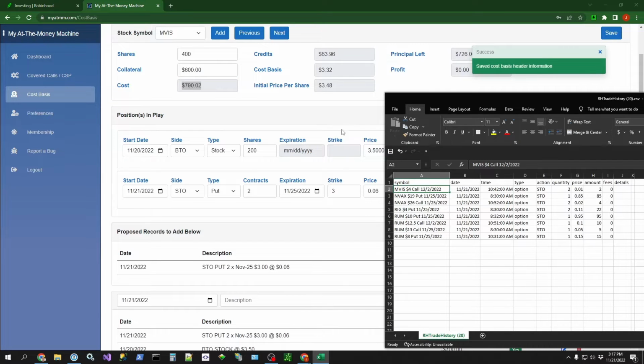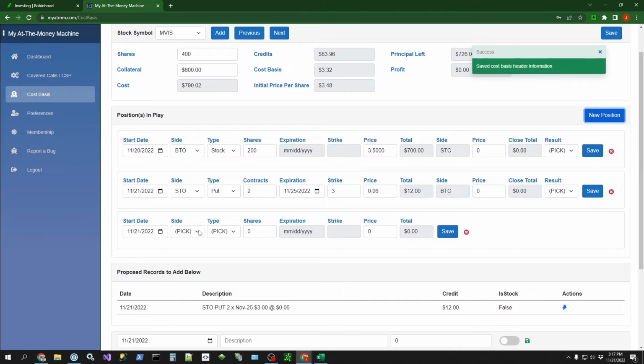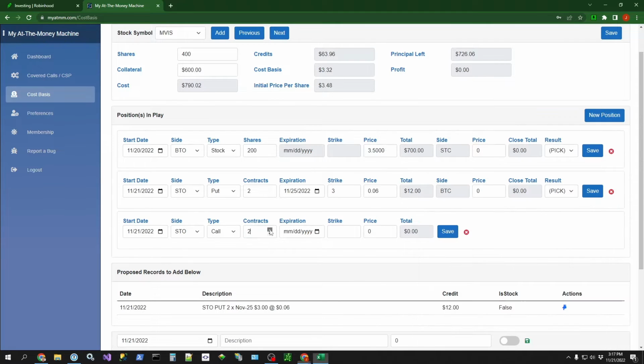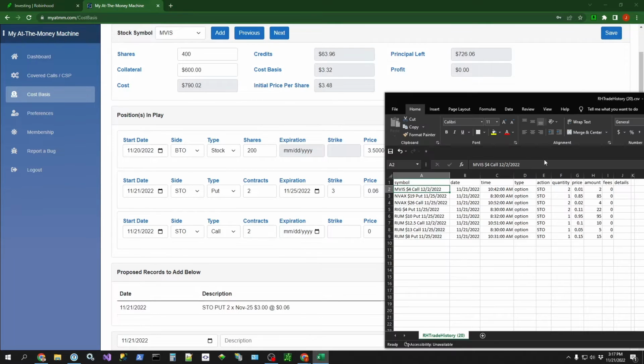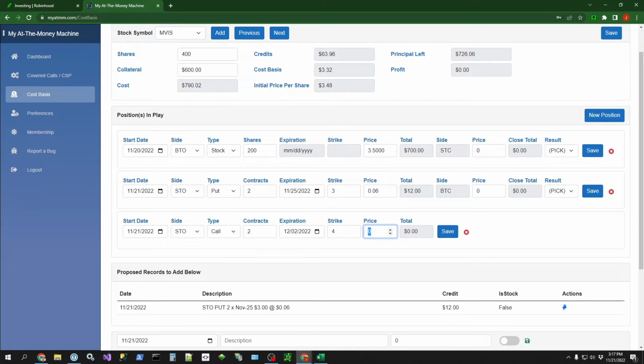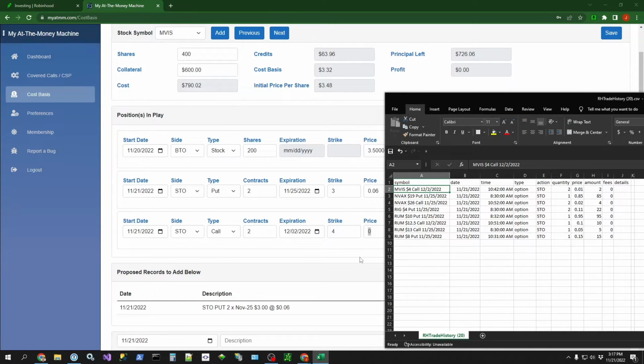Okay, and now let's enter our call. Sold to open a call. I think we did 2 contracts. Expires December 2nd, $4 call. The price is a penny.